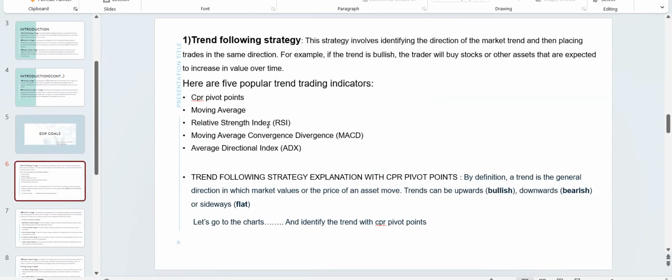Now, trend following strategy. As I have already told you the definition, I will be explaining this in my own words. The strategy involves identifying the direction of the market trend. For example, Nifty and Bank Nifty are moving in an upward direction. You have to understand and identify the trend of the Nifty before it makes a big move.